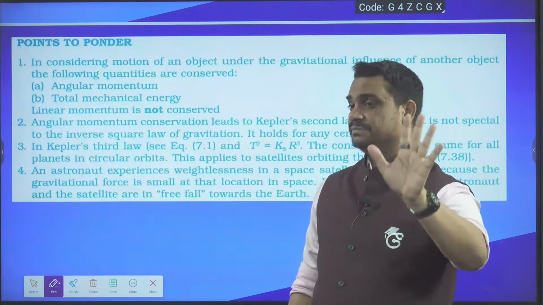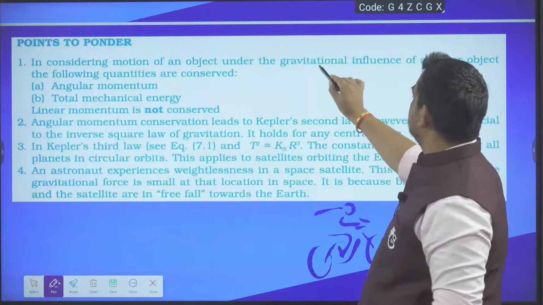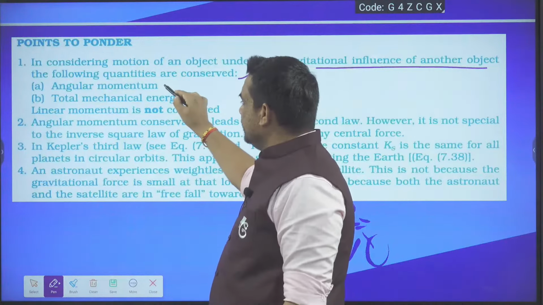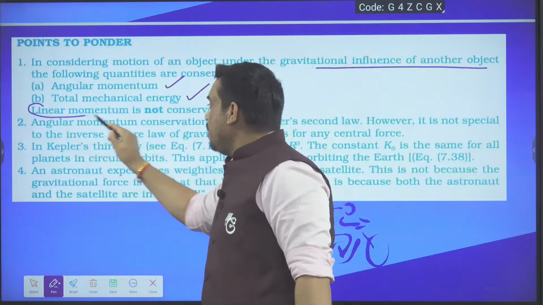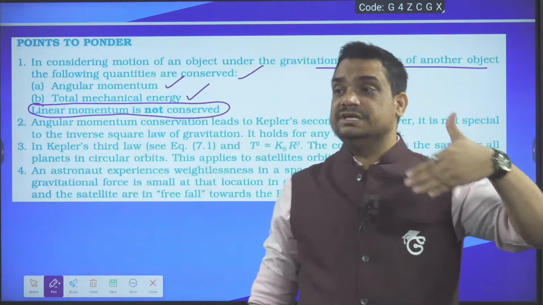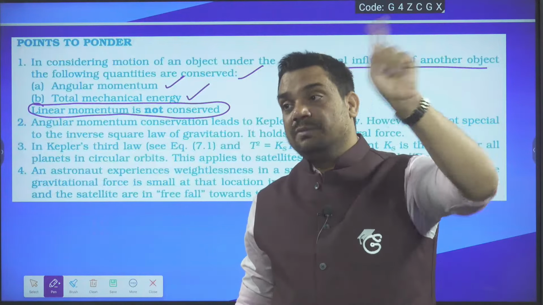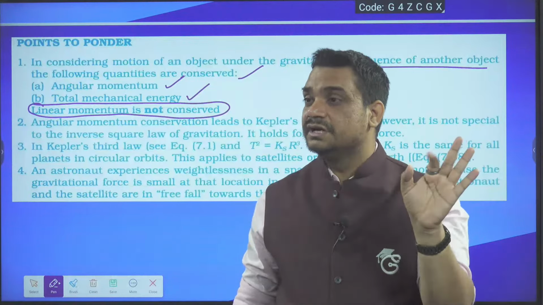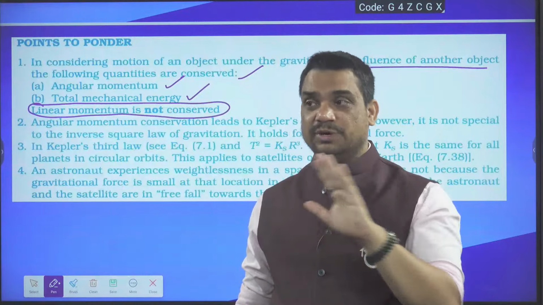In considering motion of an object under the gravitational influence of another object, the following quantities are conserved: angular momentum and total mechanical energy, but linear momentum is not conserved, because velocity keeps on changing. Areal velocity is constant, but linear velocity is not constant.